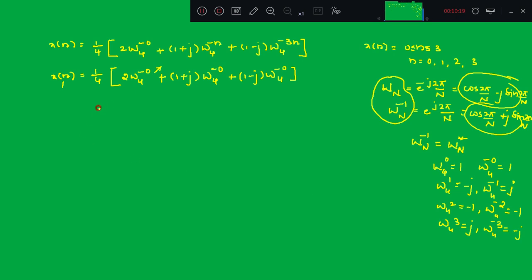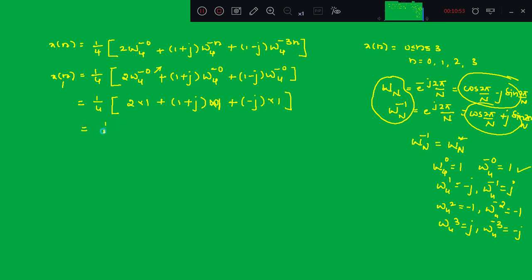So here I will substitute these Twiddle factor values: 1 by 4, then 2 into 1, plus 1 plus j, W4 raised to minus 0 means here also it is 1, plus 1 minus j, and here also it is 1, because W4 raised to minus 0 is also 1. After simplifying, what we will get is x of 0 is equal to how much? X of 0 you will get 1.